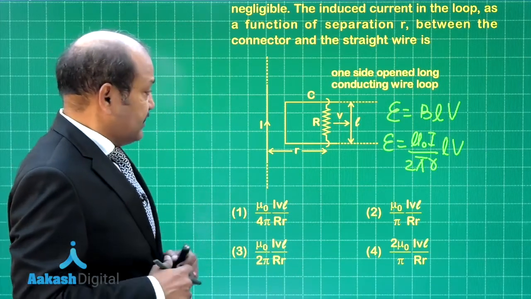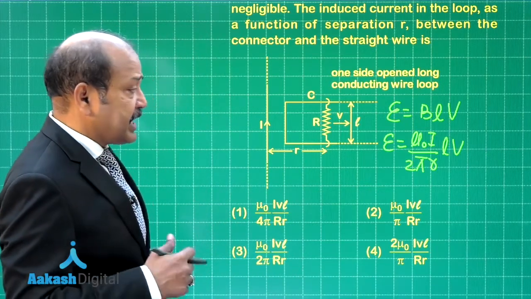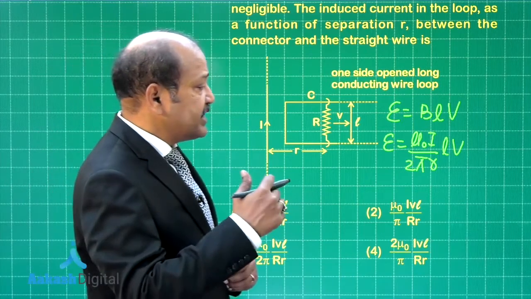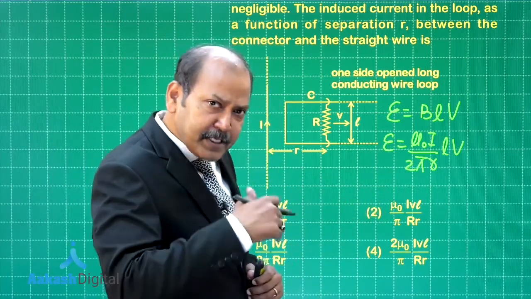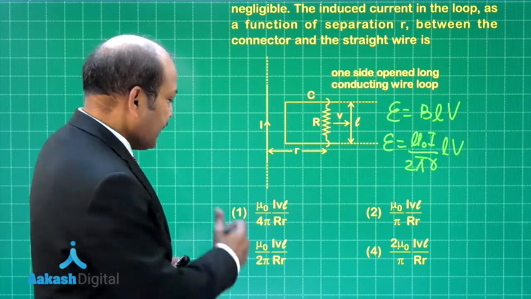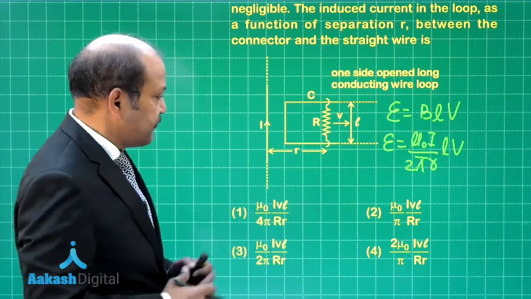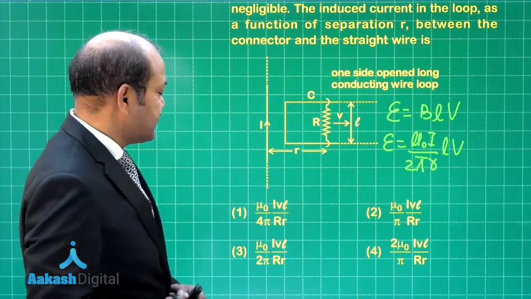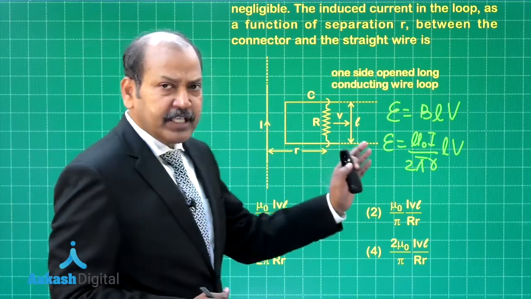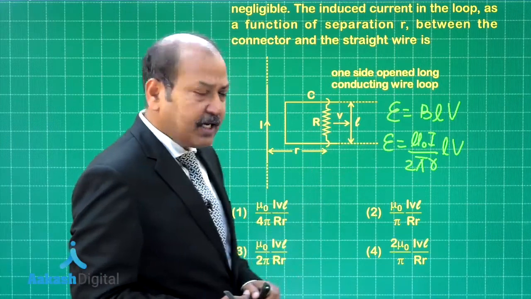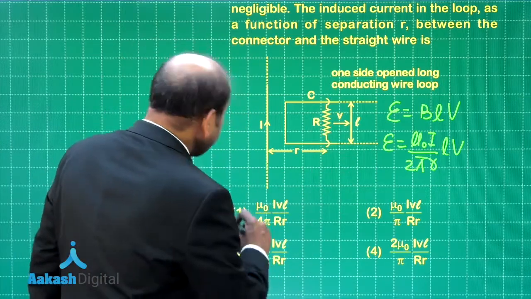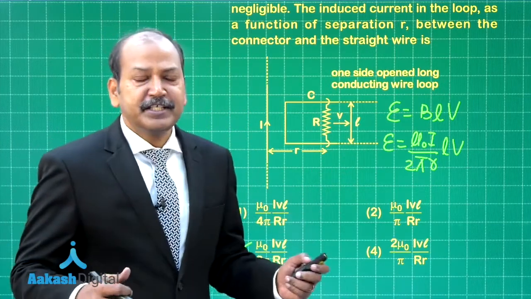So, the current becomes mu naught I L V divided by 2 pi small r multiplied by capital R. If we look at the options, option 3 matches with the solution that we have got. The current is E divided by the resistance R. So, option 3 is correct for question number 19.